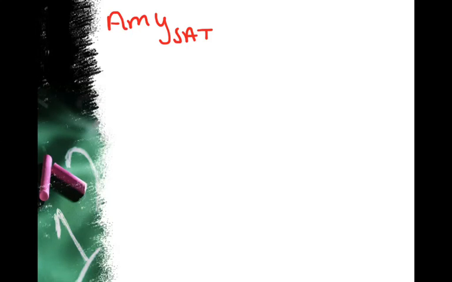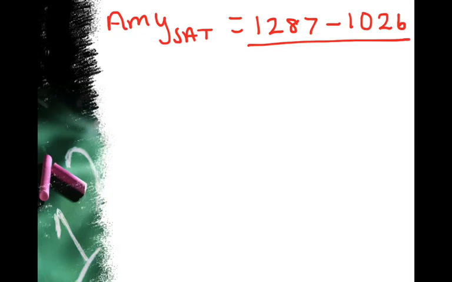You want to find her z-score. And so she scored a 1287 on the SAT, and so there's your x, minus the mean for the SAT, 1026, divided by the standard deviation, 209.